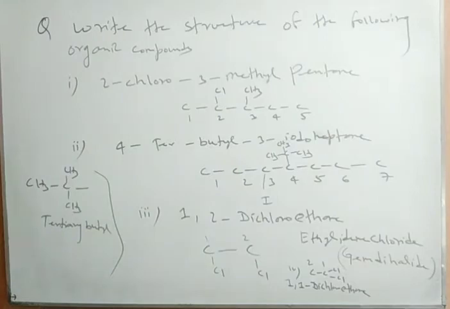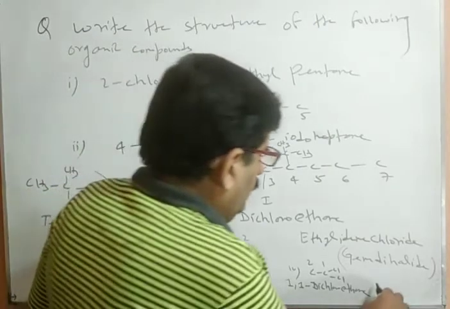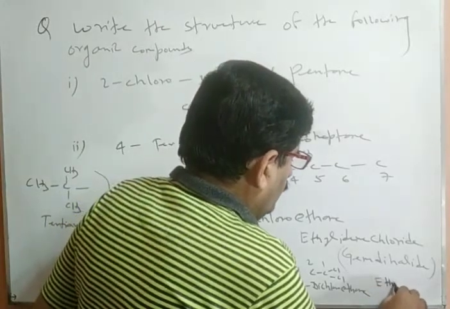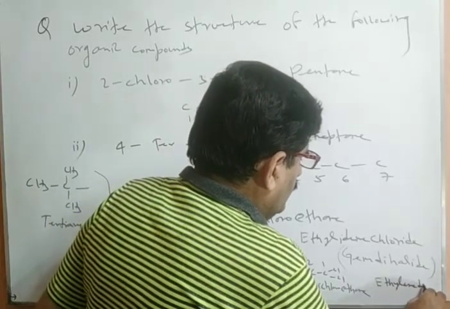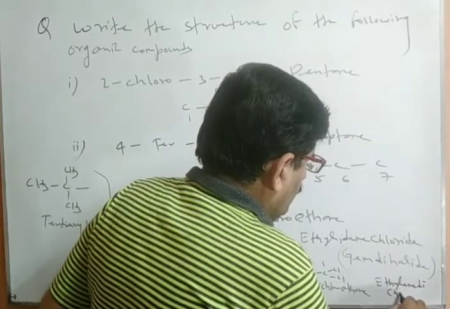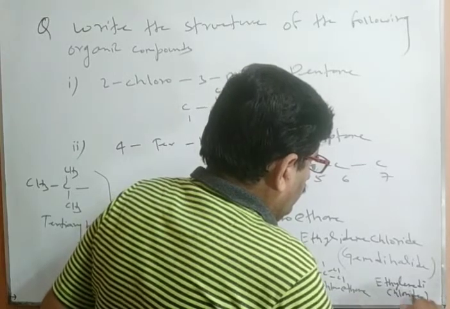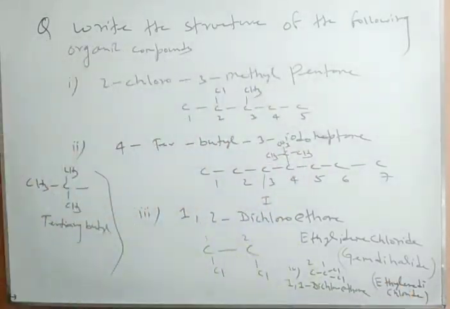And the common name for this compound is ethylidene dichloride, which is also known as gem dihalide.